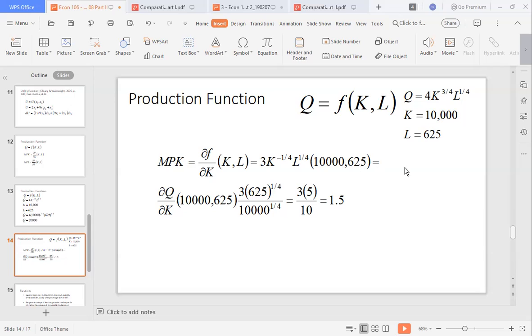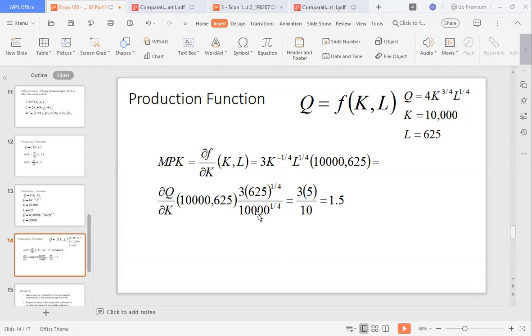Are we good in this part, class? I am still discussing this one. Okay, so again, this is our MPK here. The next thing that we did, because this is a negative 1/4, is make this exponent a positive exponent.